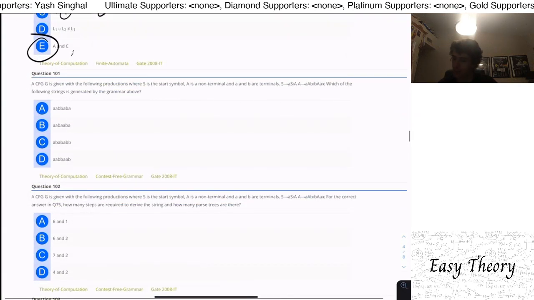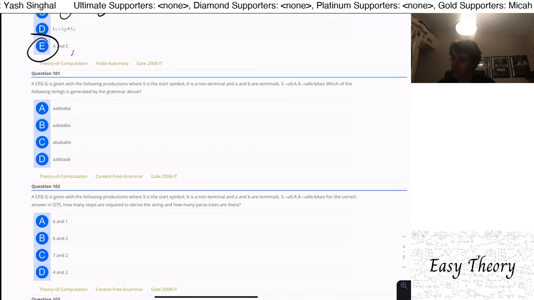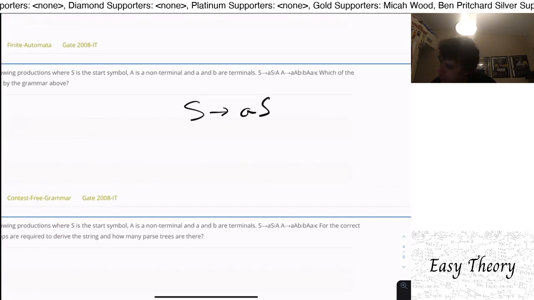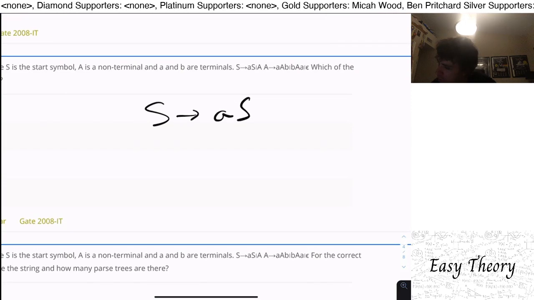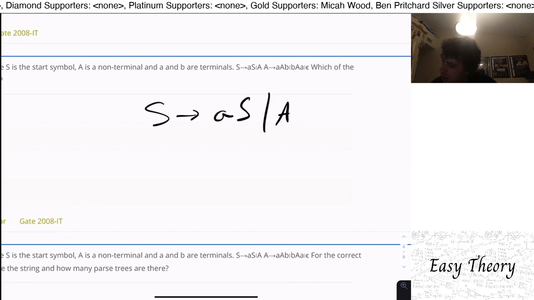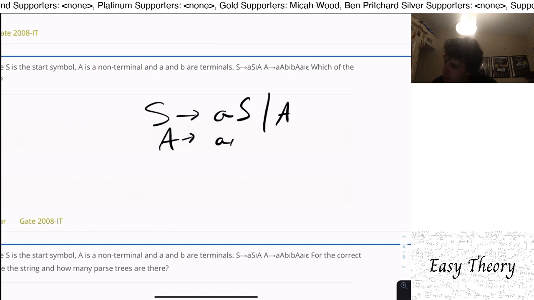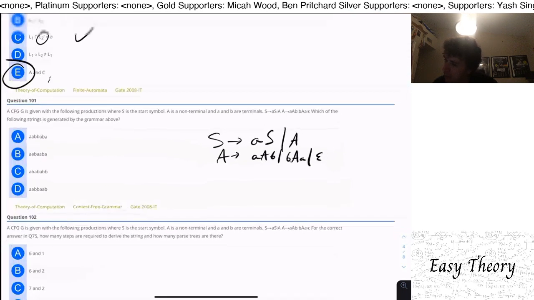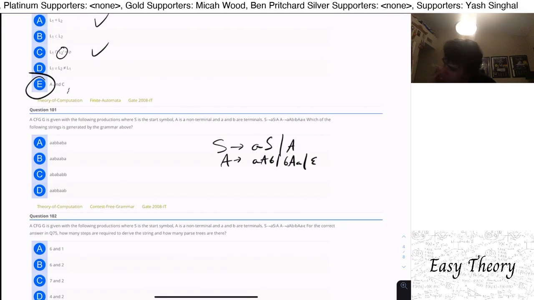Okay. CFG is given with the following productions. S goes to A, AS. What the world is that? Or A, I think. A goes to AAB or BAA or empty. Which of the following strings is generated?